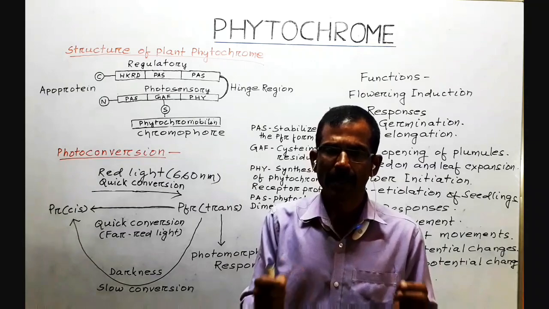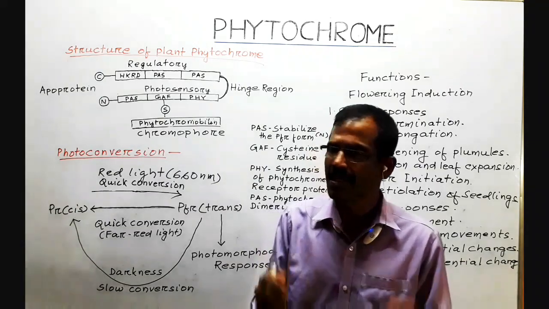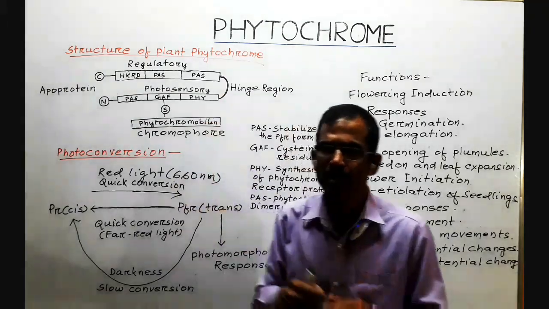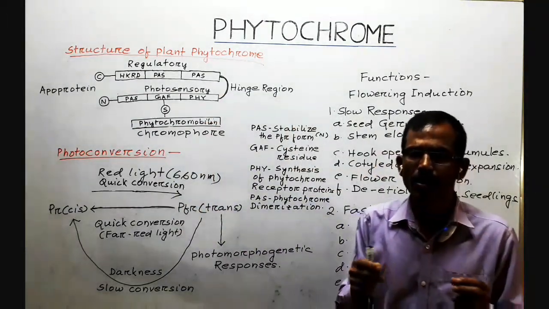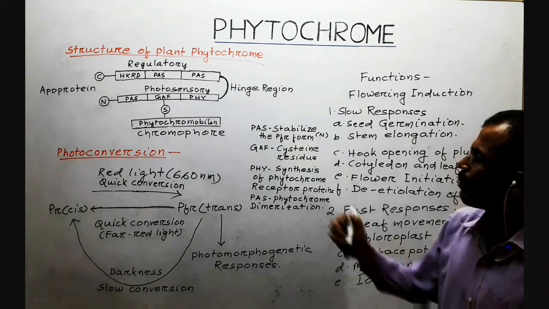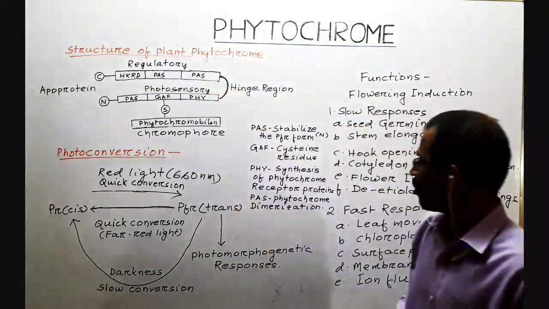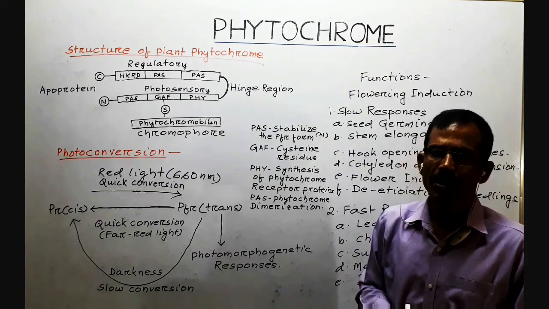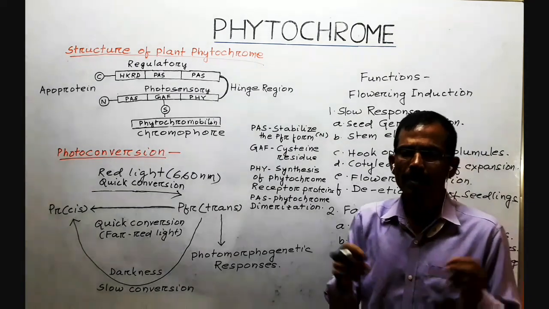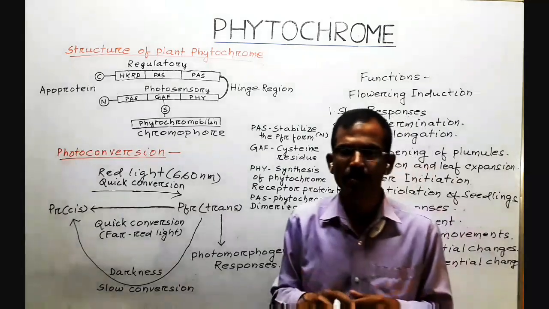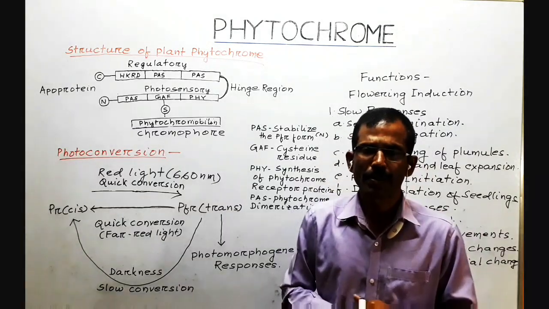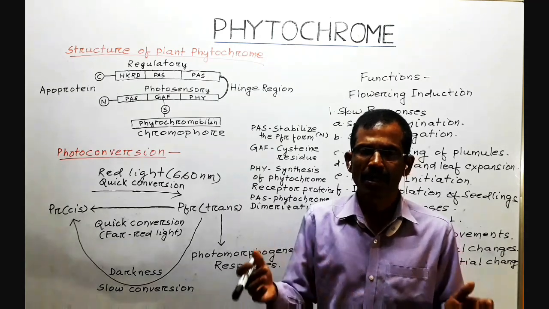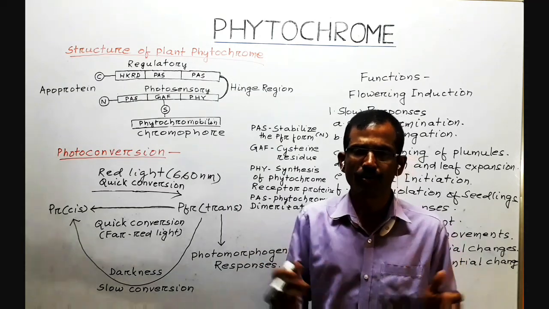The plant phytochrome has two additional regulatory PAS domains, which are important for nuclear localization, and the PAS domain is also responsible for phytochrome dimerization. So the plant phytochrome consists of two identical polypeptide chains, and each polypeptide chain is associated with a bilin chromophore.